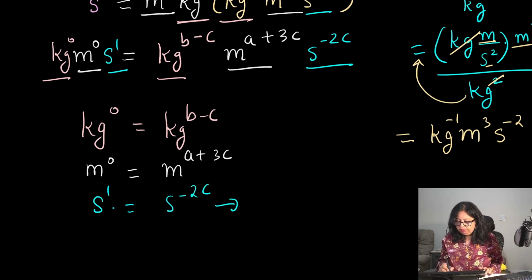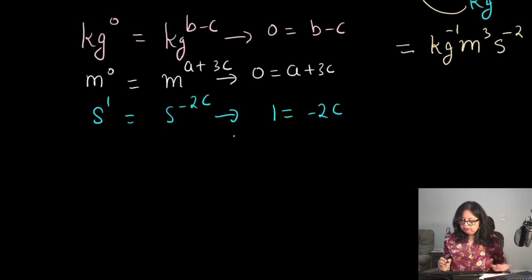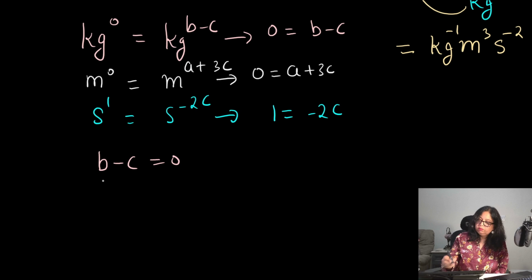Now from this, what do I get? 1 equals minus 2C. 0 equals A plus 3C. 0 equals B minus C. Just writing this down, swapping left and right: B minus C equals 0, A plus 3C equals 0.